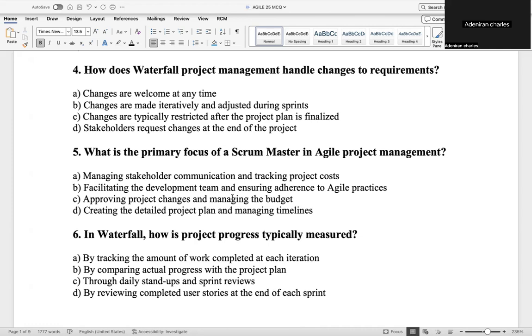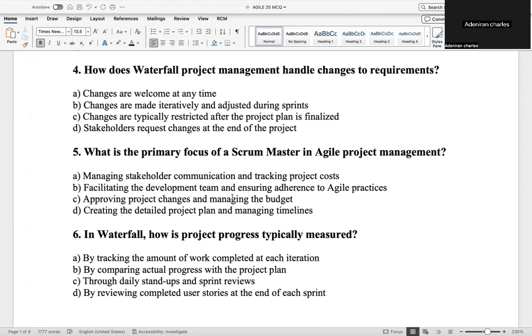If you look at the other options A, C, D, they are some of his responsibilities in specific areas: managing costs, managing budgets, managing timeline. That seems like part of his responsibility.